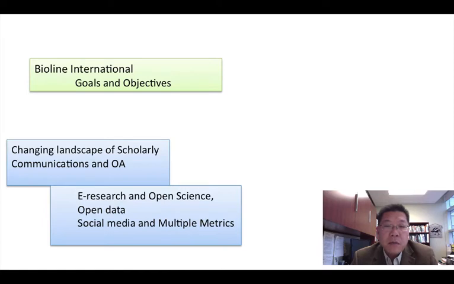And with the rise of open access and the rise of social media, there are many different opportunities available for researchers to share scholarly communication throughout the entire process of the scholarly communication life cycle, not only the end products of scholarly research itself.